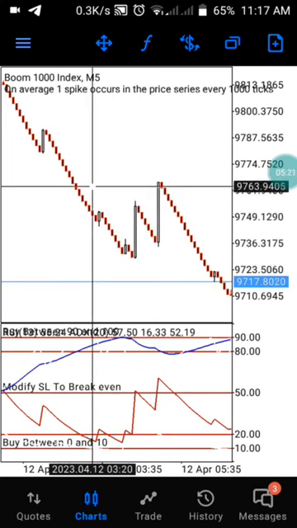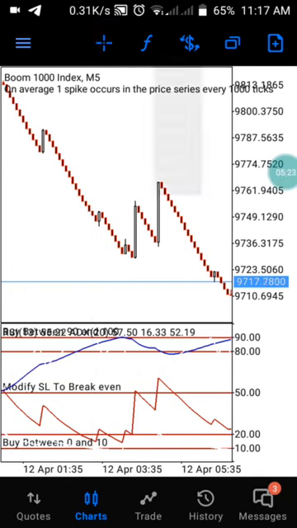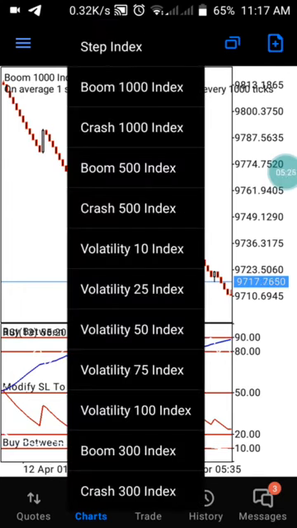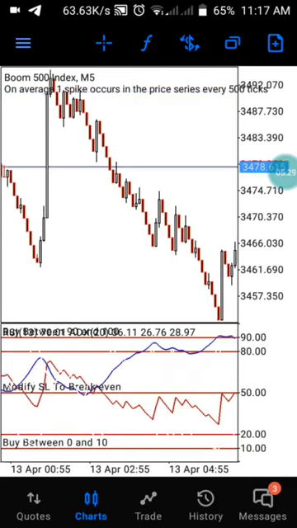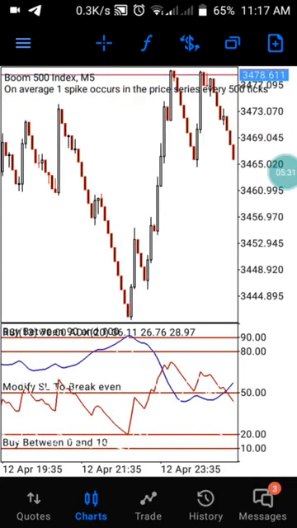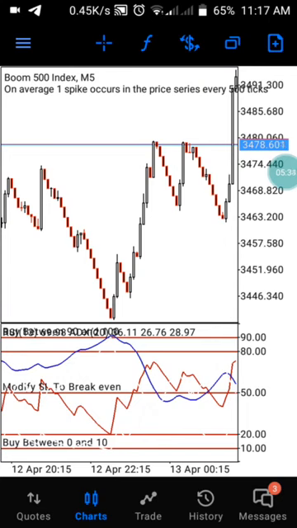So guys, let me show you exactly, because I said it only works on Boom index. It only works on Boom index. So let me show you on Boom 500. You see, exactly this is what I told you guys to do. Anytime you have your confirmation at this level, you see the movement index has crossed above the 80 and is going to the 90 level.